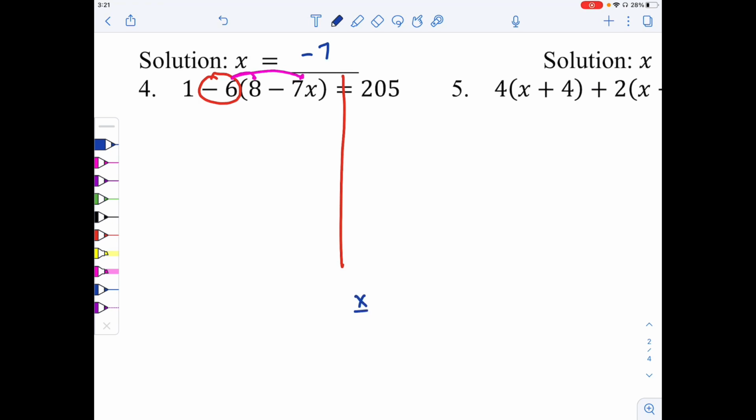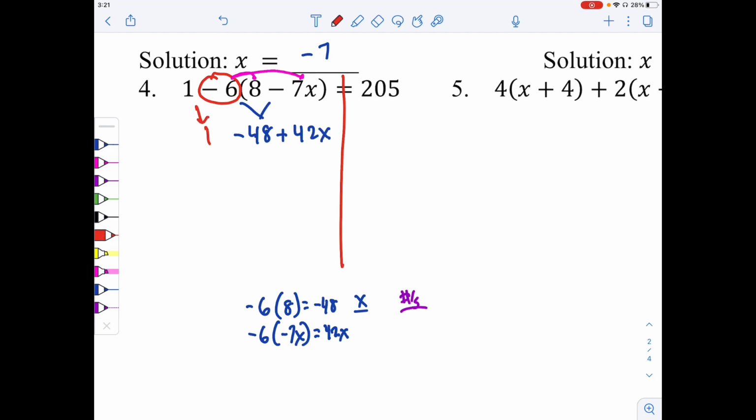So we have negative 6, parentheses 8, negative 6, parentheses negative 7x. We get negative 48 and positive 42x. Right, so this becomes negative 48 plus 42x. We still had that 1, bring it down. Still had this 205, bring it down.